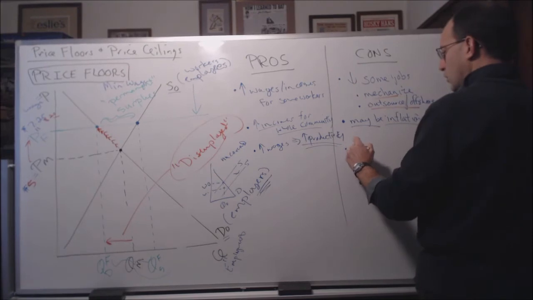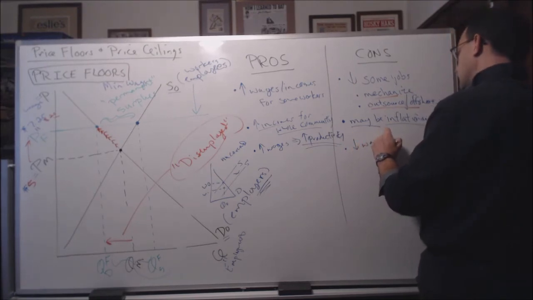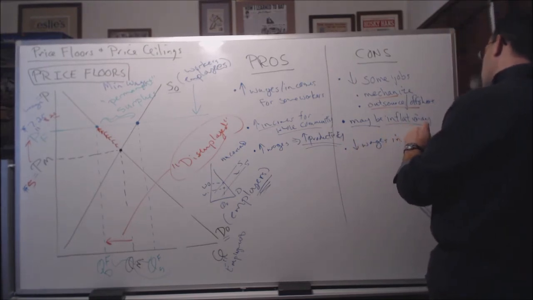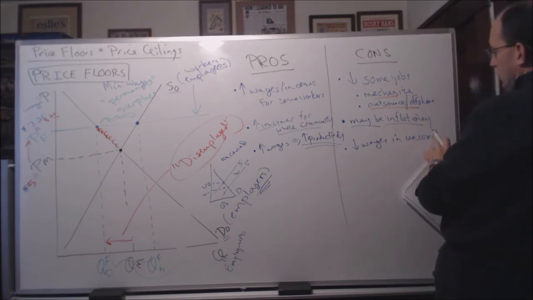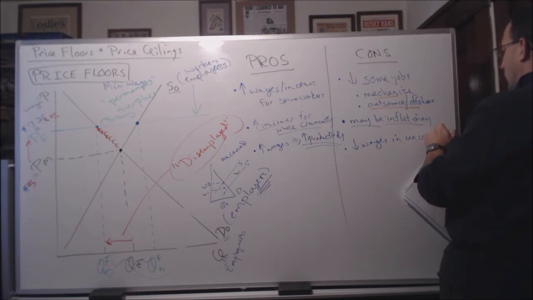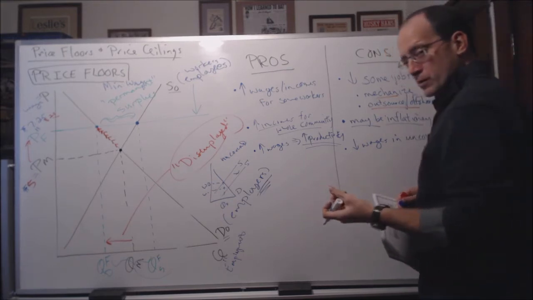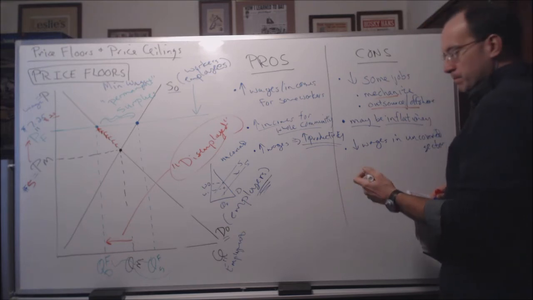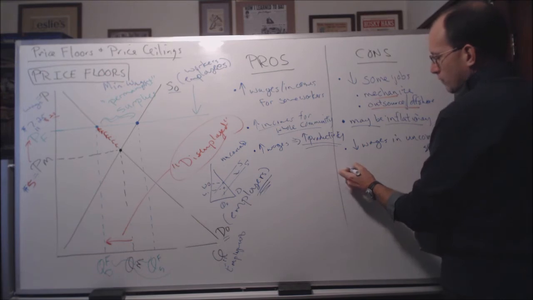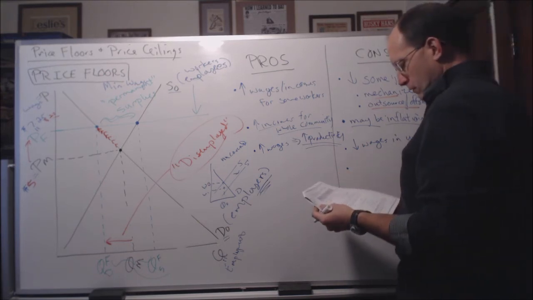So we see lower wages in the uncovered sector of the economy, and those folks have a worse situation, even more challenging times getting jobs that are already not paying very well.